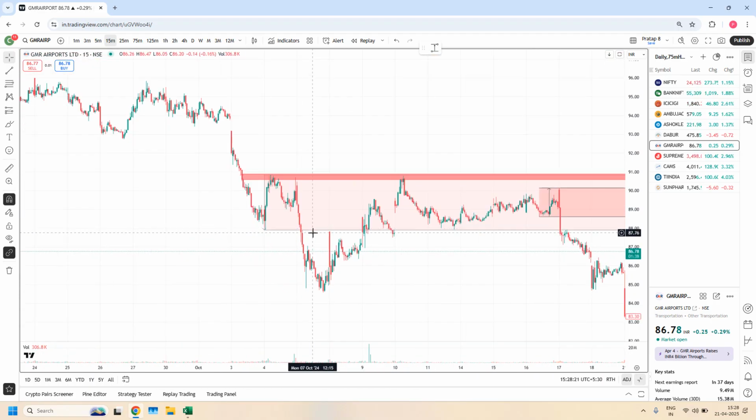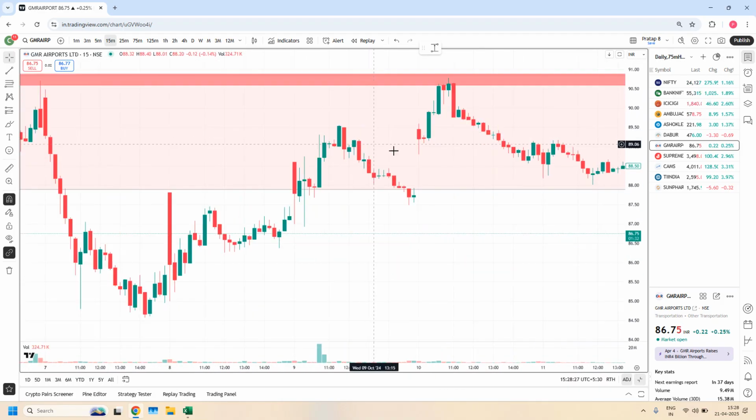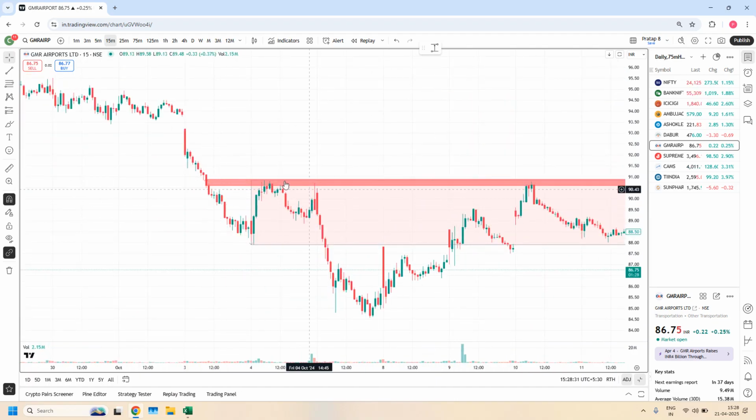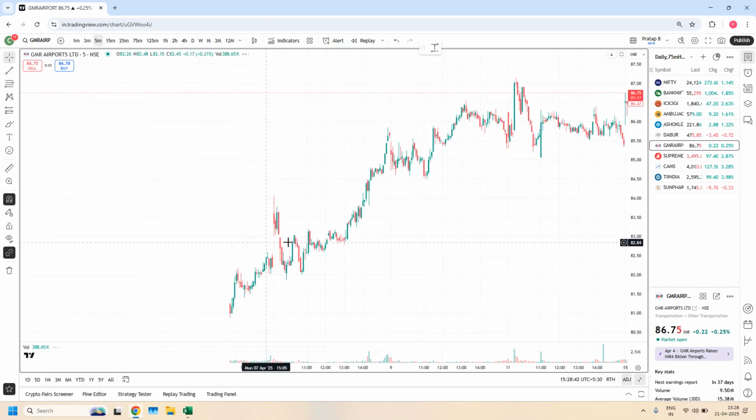But what I identified is a 5 minutes horizon. See here you have a 15 minute zone, rally base drop. This is the 5 minutes horizon for this entire daily zone as well as the 15 minute zone. But anyway, this daily zone is more important. That is very powerful.